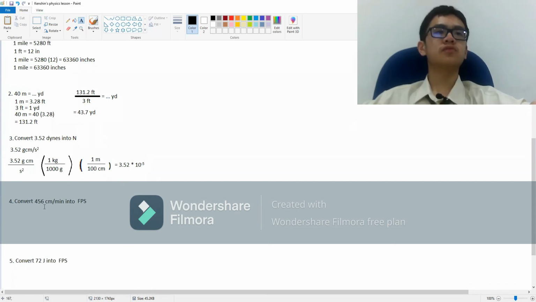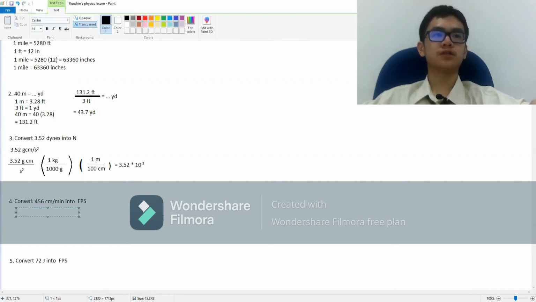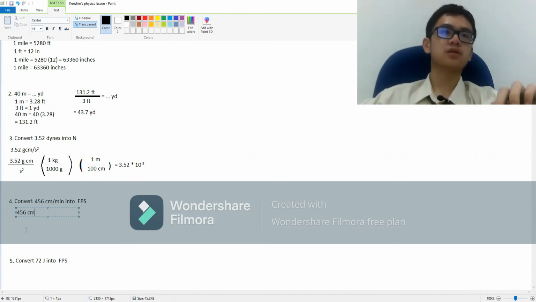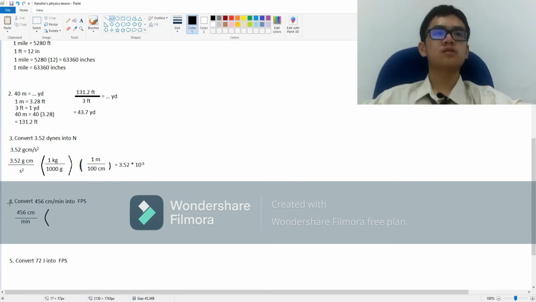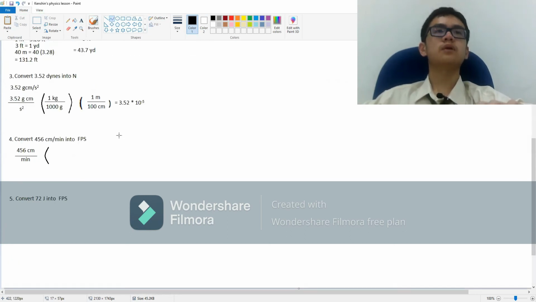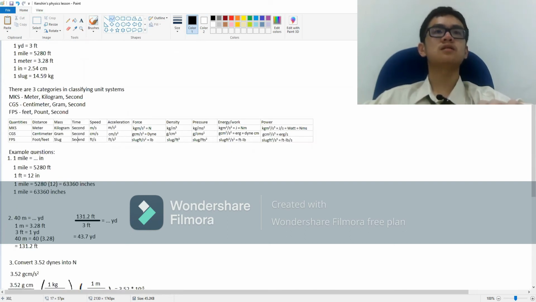Next one is 456 centimeters per minute into FPS. So let's do the same again. 456 centimeters per minute. Let's do the centimeters first. All right, let's see. Centimeters into FPS is feet.